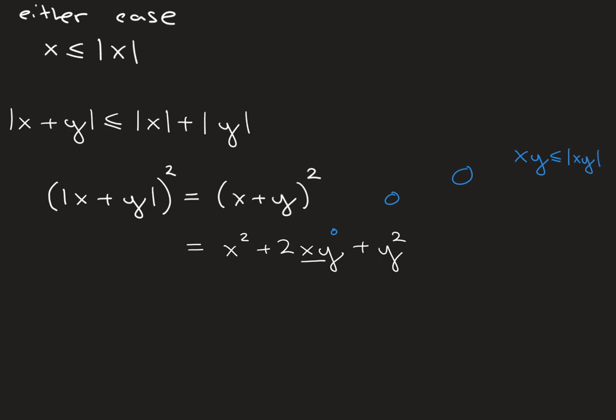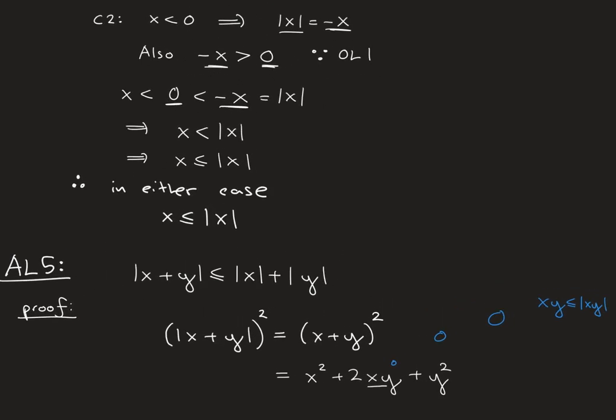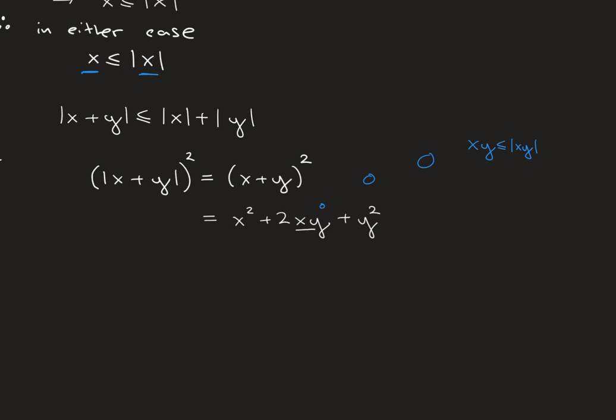Okay? And that is because of what we just proved right here. I'm just replacing x with x times y. So what I can say is that this is less than or equal to x squared plus 2 times the absolute value of xy plus y squared.